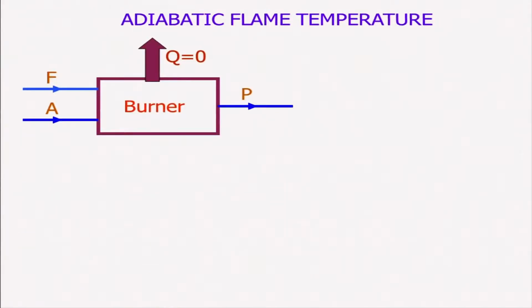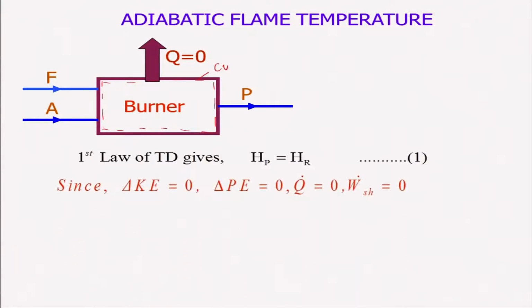Now, let us consider a burner in which the fuel is reacting with oxygen or air and giving rise to the products. Let us take a system here, taking a control volume, with no heat going out. The assumptions are the same: change in kinetic energy is 0, change in potential energy is 0, no work is being done, and then heat release is 0.